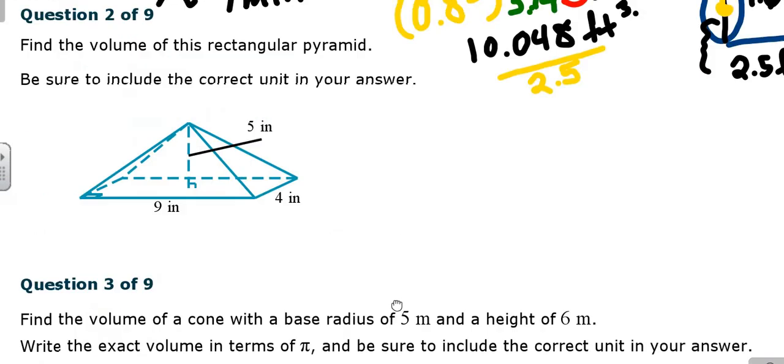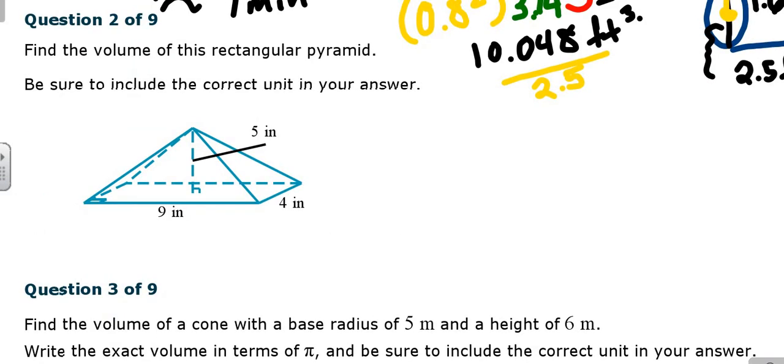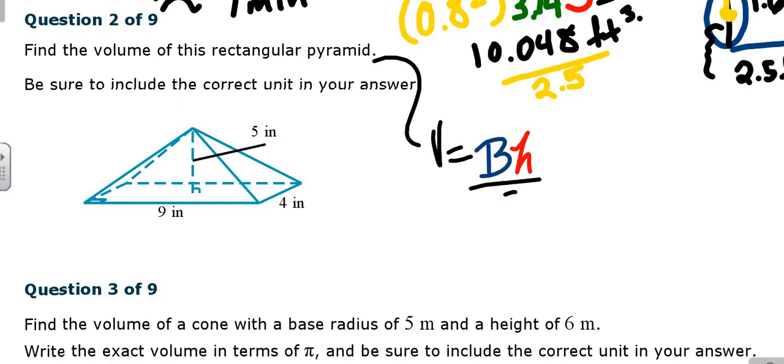Find the volume of a rectangular pyramid. So area of the base, that's a rectangle. In this case, that's 9 times 4.